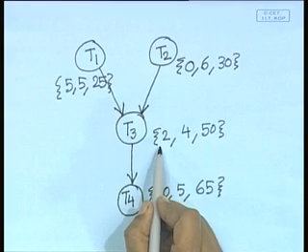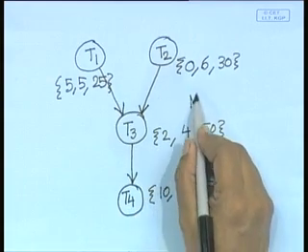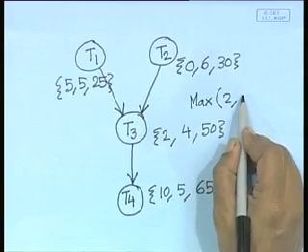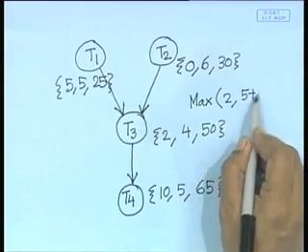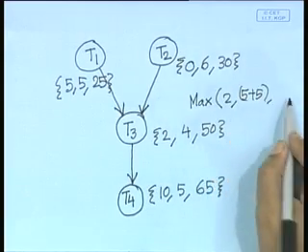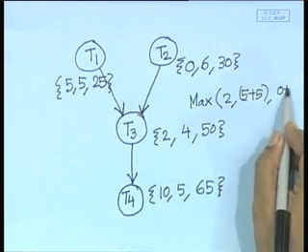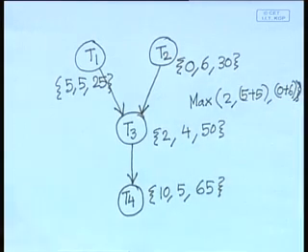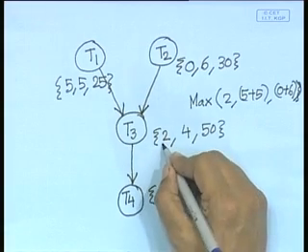It will be 10 because that will be a maximum of 2 and 5 plus 5 and 0 plus 6, which is equal to 10. So, this will be modified to 10.